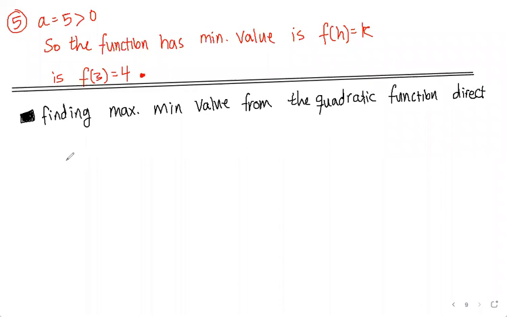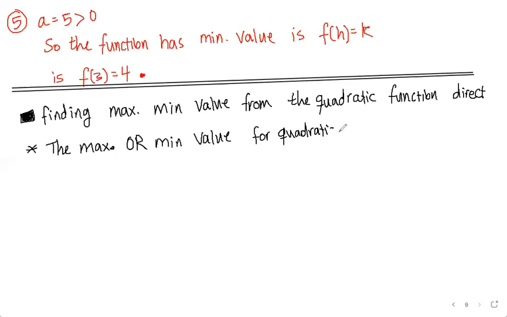So what is the way? Here are the steps. The maximum or minimum value for a quadratic function always happens at a point x.